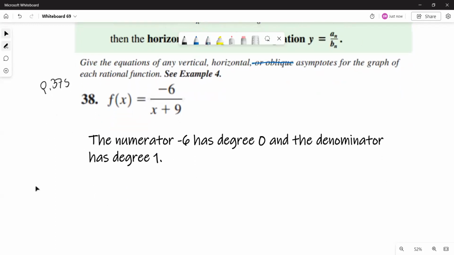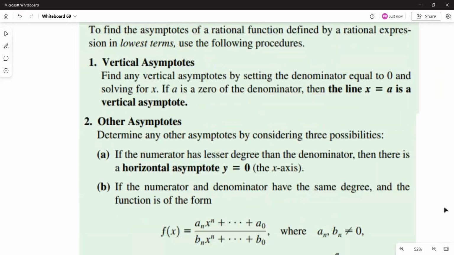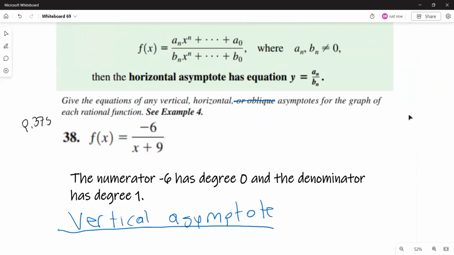So let's find the vertical asymptote. To find any vertical asymptotes, set the denominator equal to 0 and solve for x.